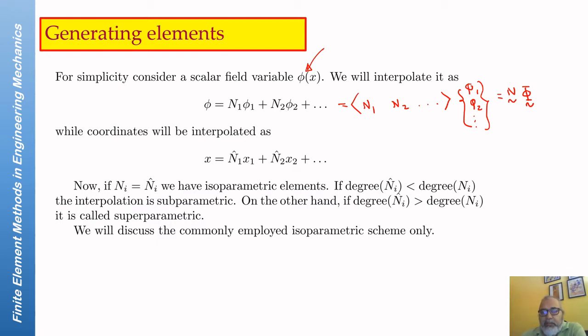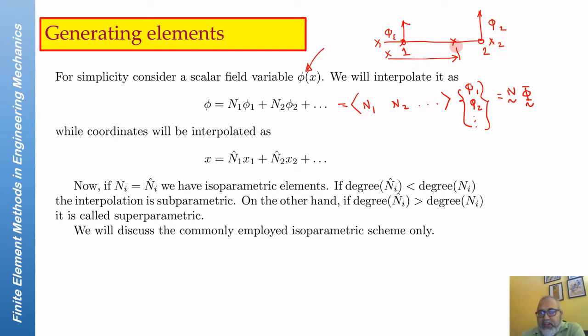Now suppose I interpolate the coordinate. So I have this element, flanked by nodes 1 and 2. I interpolate phi, the field variable, depending on the value of phi 1 at node 1 and phi 2 at node 2, and the position of a point, which is given by x from some coordinate axis, is interpolated in terms of x1, which is the coordinate of node 1, and x2, which is the coordinate of node 2.